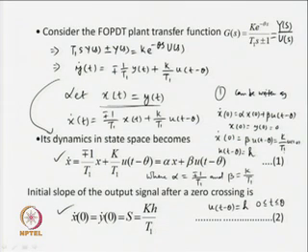Therefore, x dot 0 will be equal to k h upon t 1. That is what is given in equation number 2. So, the slope of the output signal at the zero crossing is given as s is equal to k h upon t 1.